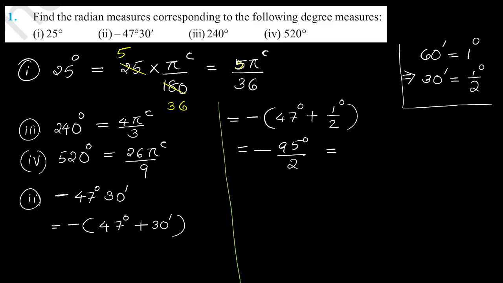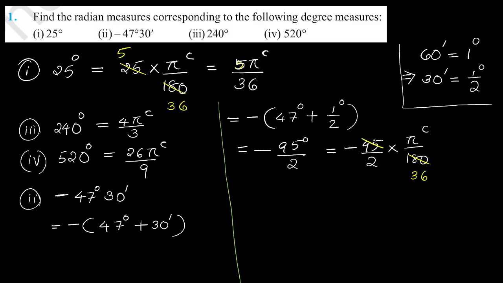This degree is to be converted to radian. So minus 95 by 2 multiplied with pi by 180, you will get radian. We can reduce it. Try to reduce, dividing numerator and denominator by 5. Here divide by 5, you will get 36.